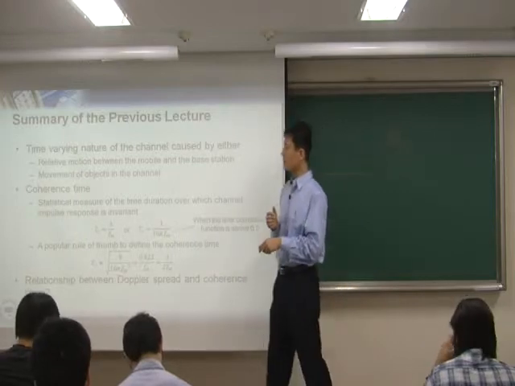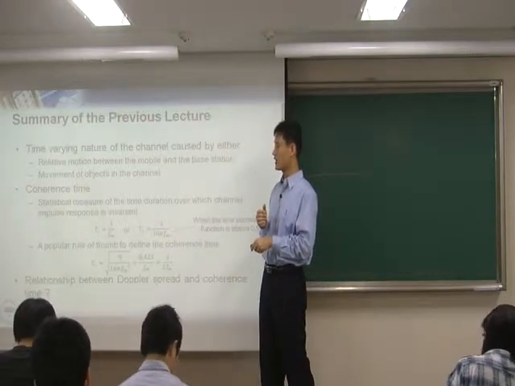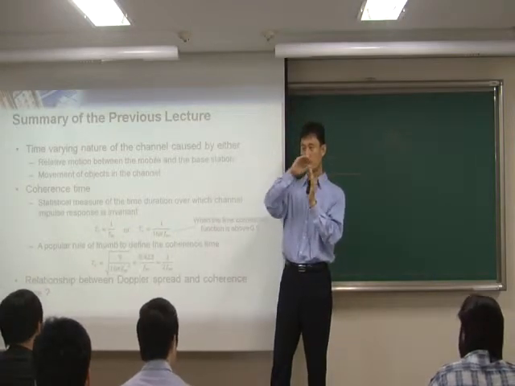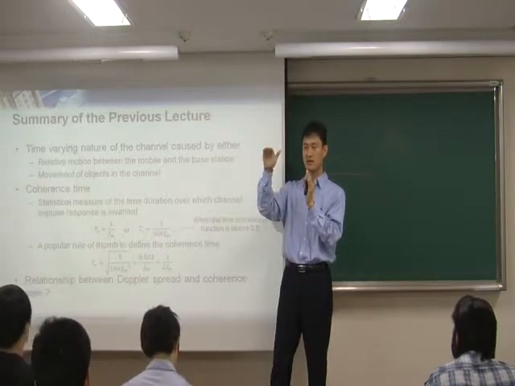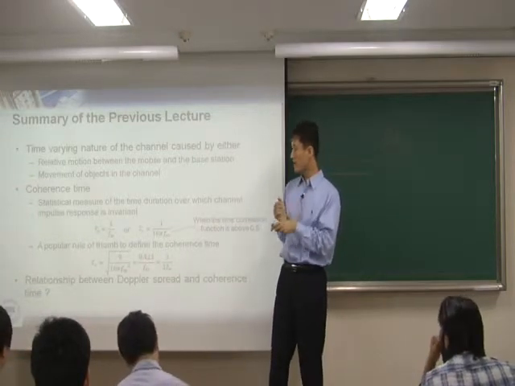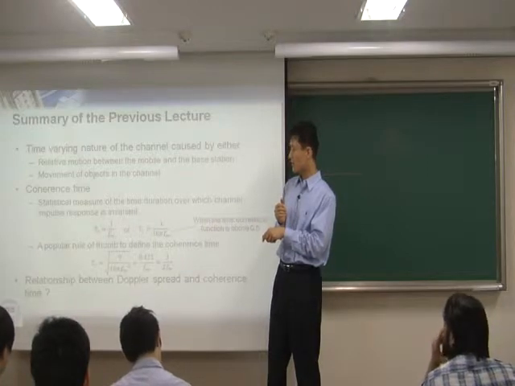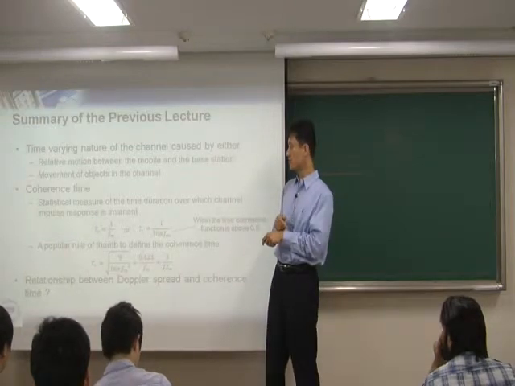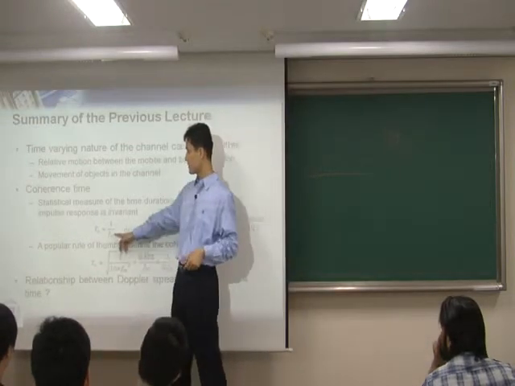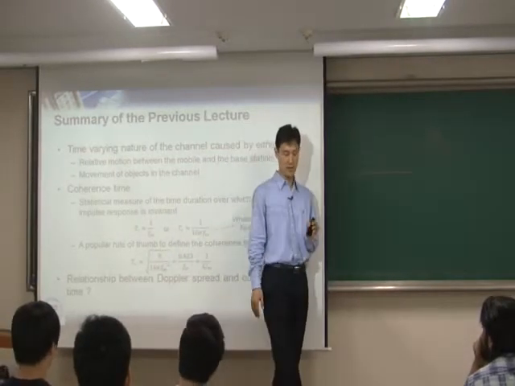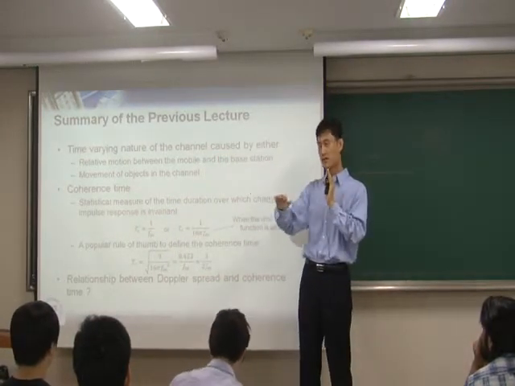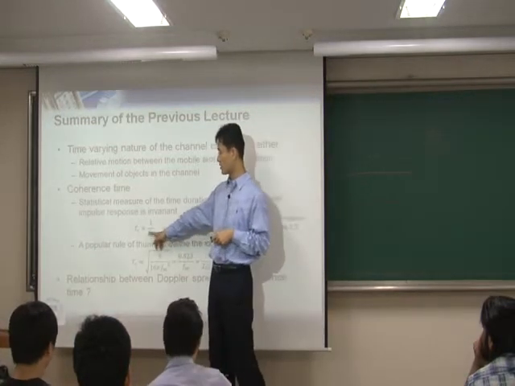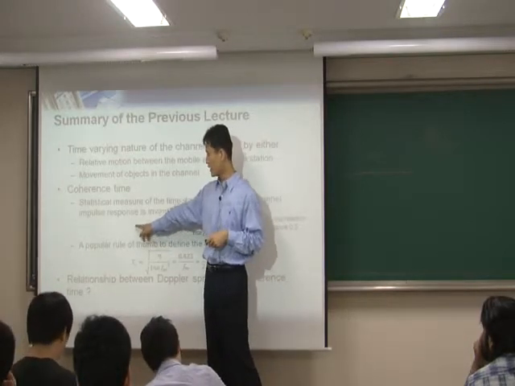Similarly, if you think about coherence time, that basically means over the time domain, how long your signal is considered flat. So that means this coherence time is inversely proportional to the Doppler frequency. As I said earlier, if the Doppler frequency is 0, then coherence time is infinite. Means that you have flat over time. But if you have a certain Doppler frequency, then you have a certain coherence time.